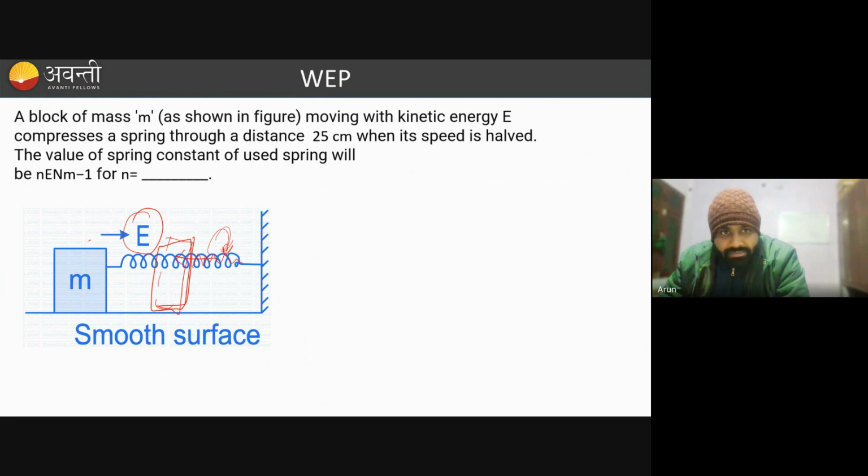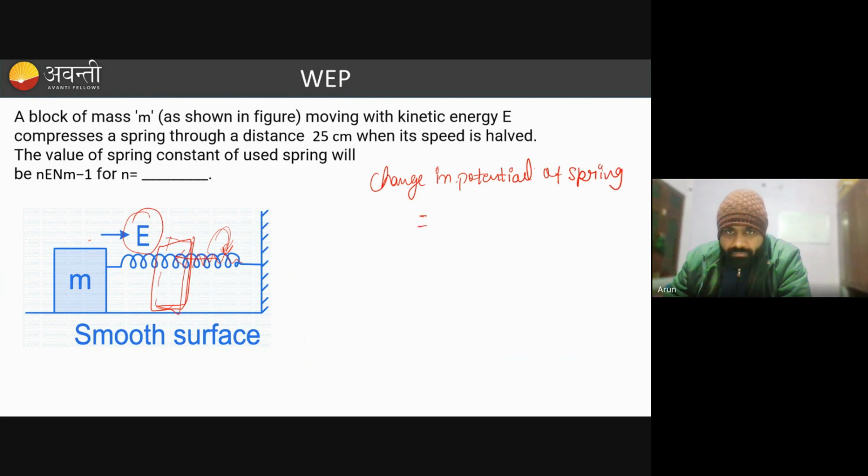Okay. This change in potential energy of the spring equals the change in kinetic energy of the system.